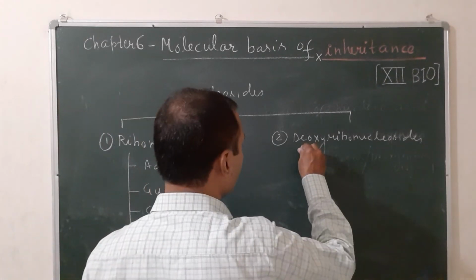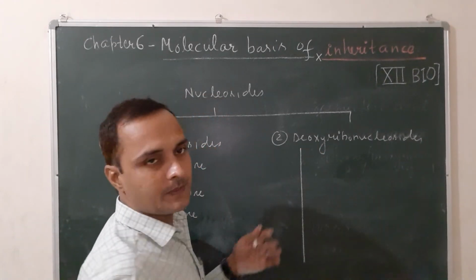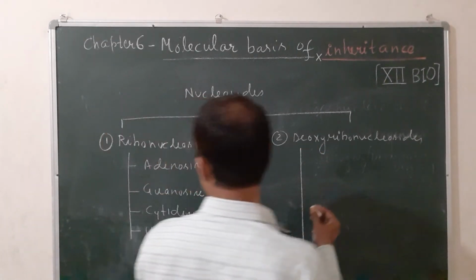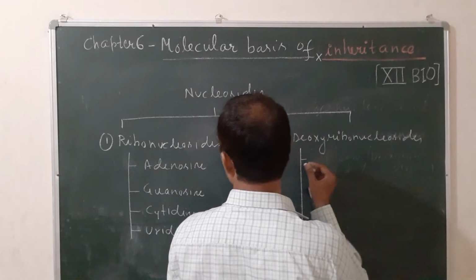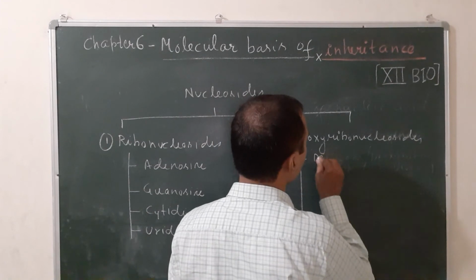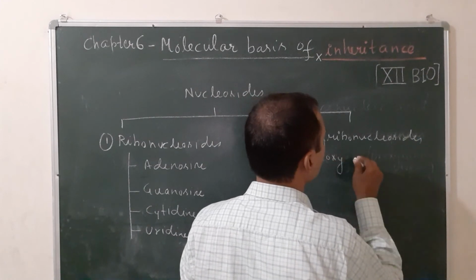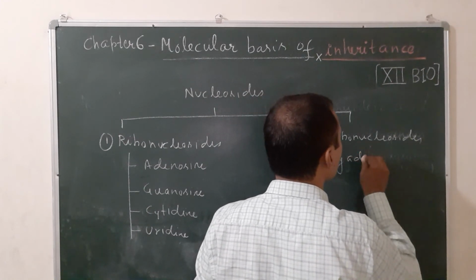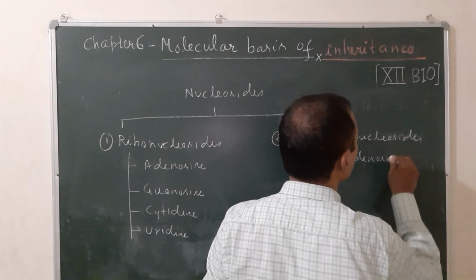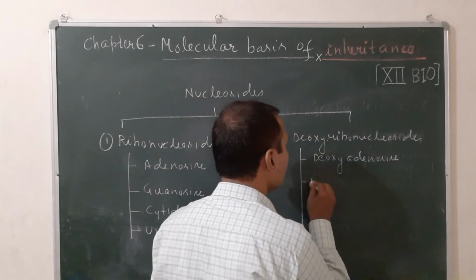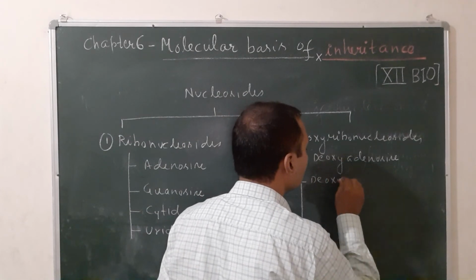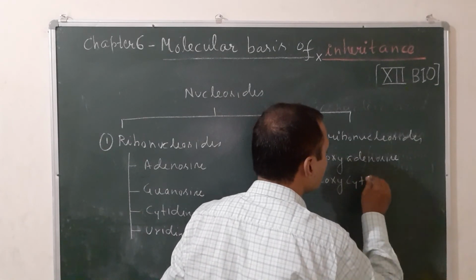Now in case of DNA, you know uracil is absent, so the names of deoxyribonucleosides will be, just we put the word deoxy: deoxyadenosine. This is the nucleoside of adenine. Second one deoxycytidine.